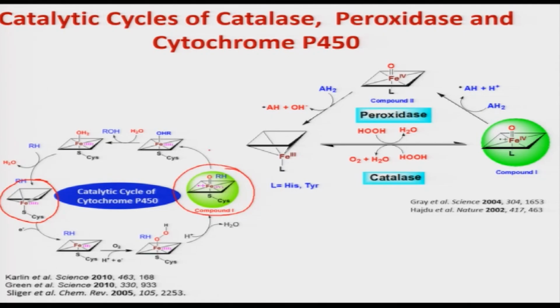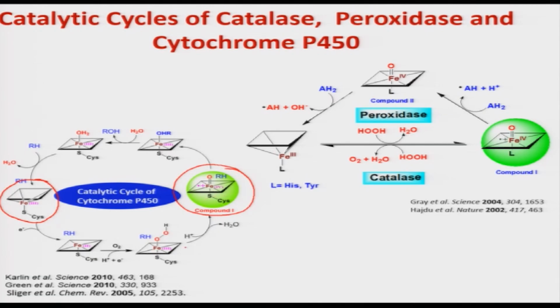We will be discussing the catalytic cycle in more detail in subsequent lectures. The important point is that it goes through a highly reactive intermediate, which is the iron(IV) oxo cation radical.